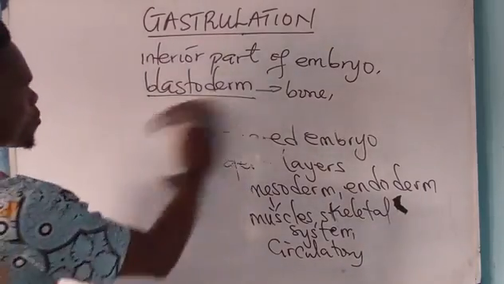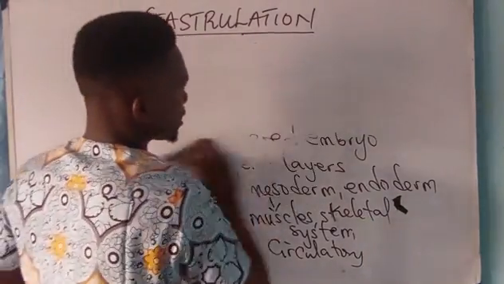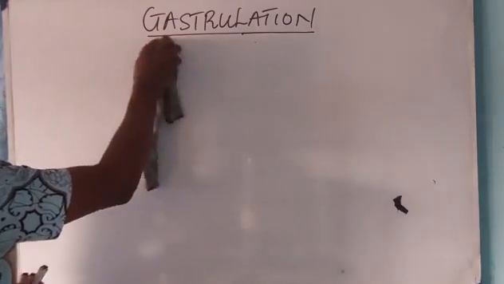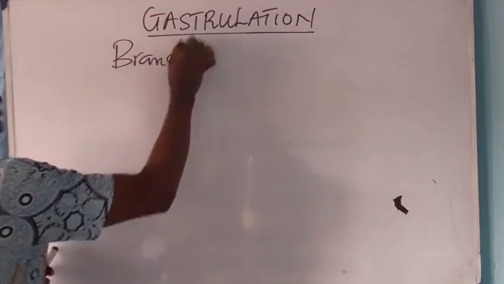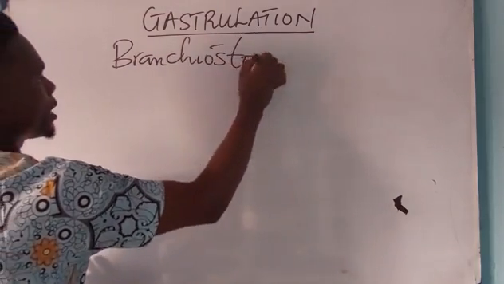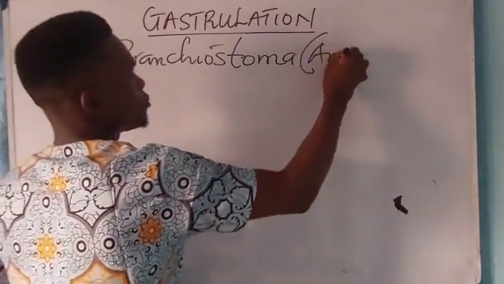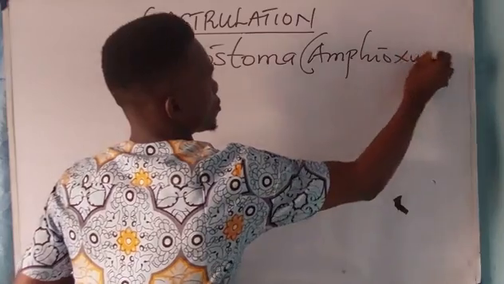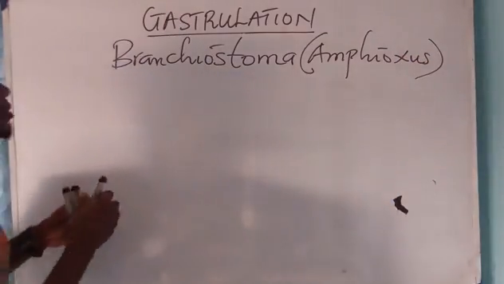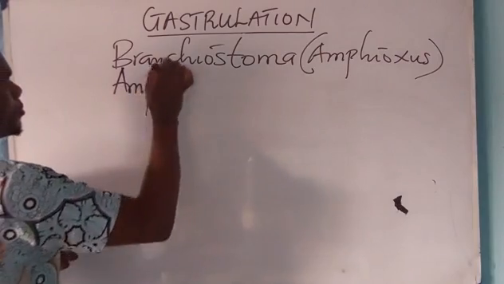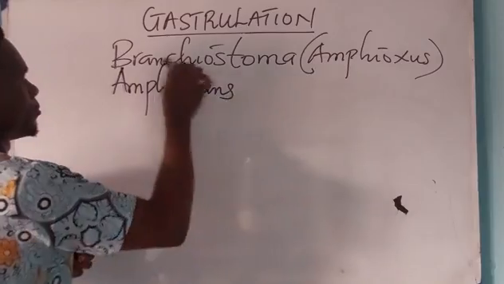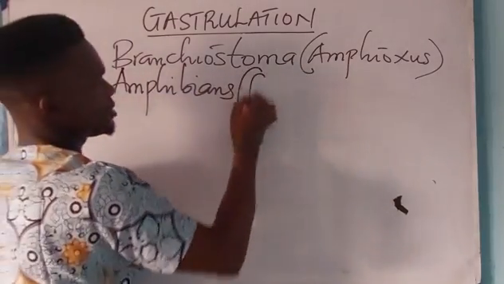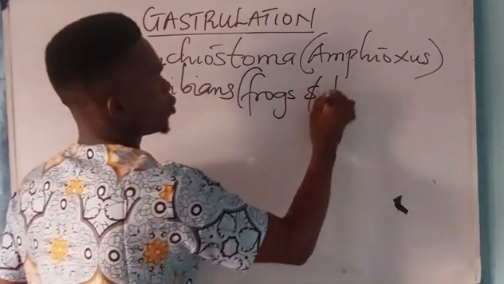Now in Branchiostoma, or Branchiostomata, which is actually a subphylum, otherwise called Amphioxus, and in amphibians, of course, these are the frogs and toads.